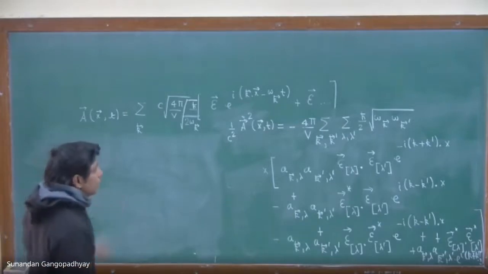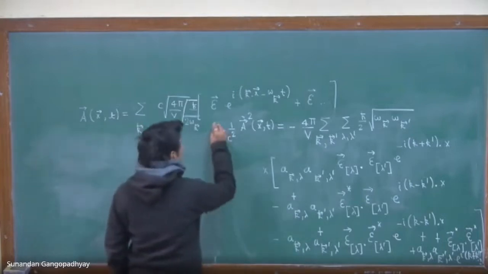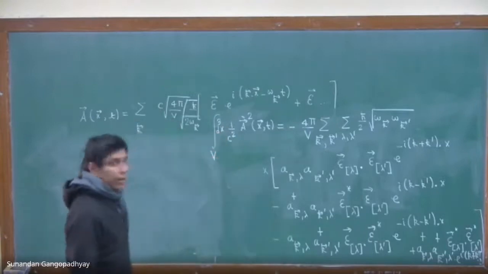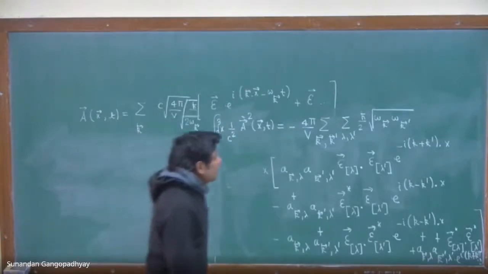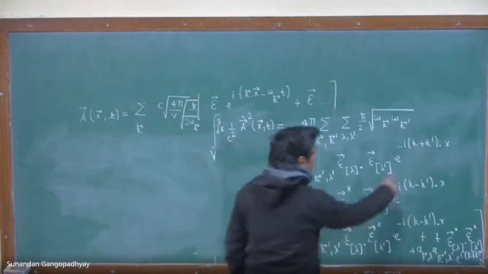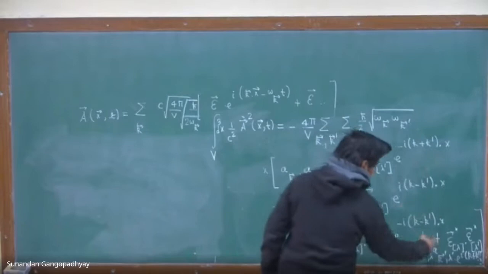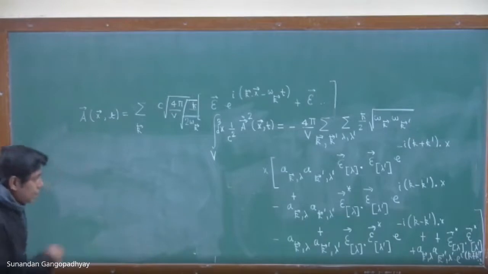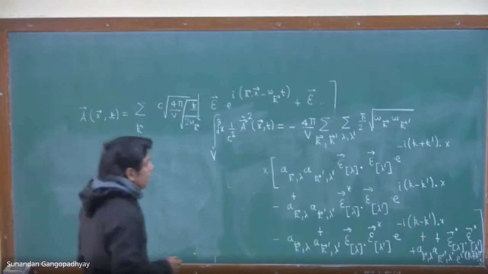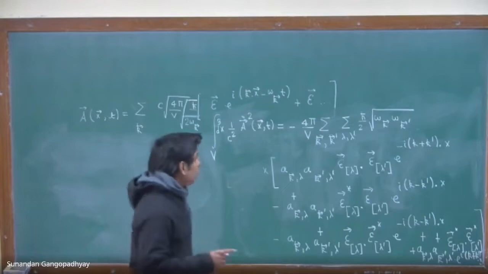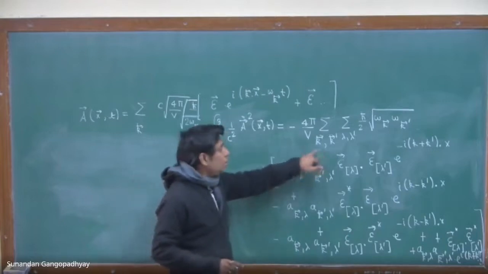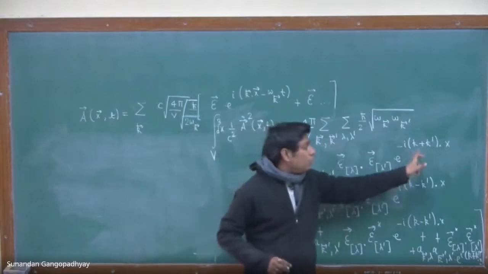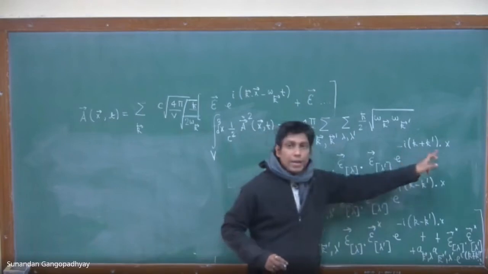You have to remember that now you have to integrate this term over d cubed x in volume V. The spatial integral will be over a volume V, so all these terms, this term, this term, these x integrals, you will get V delta k k prime, and therefore after integration, as usual, one summation will go away, the k prime will go away, and here for this term you will have e to the power minus 2i omega k t.